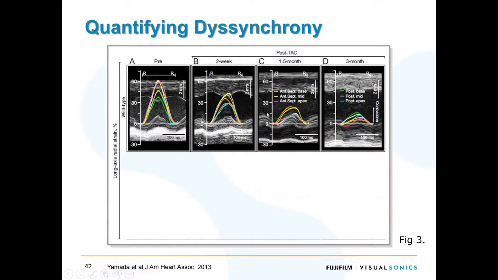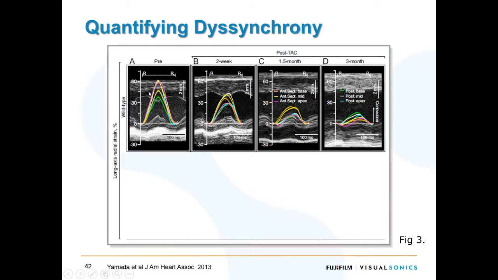This was shown as a really nice example in a paper by Satsuki Yamada at the Mayo Clinic. So what she did here, at the top of this panel, is she had a wild type mouse and subjected that to the transverse aortic constriction model and followed that animal over time.